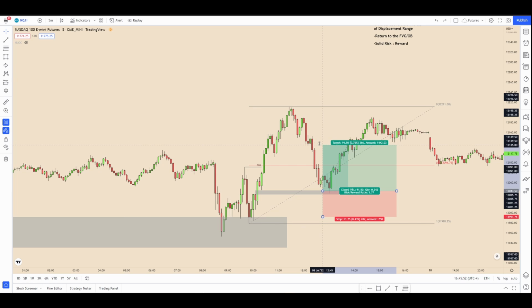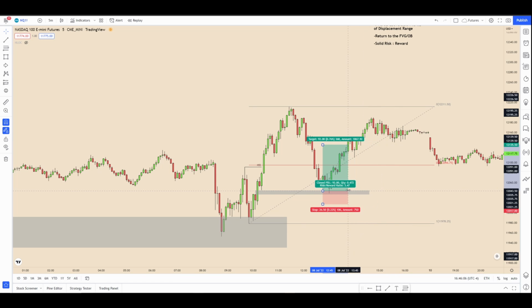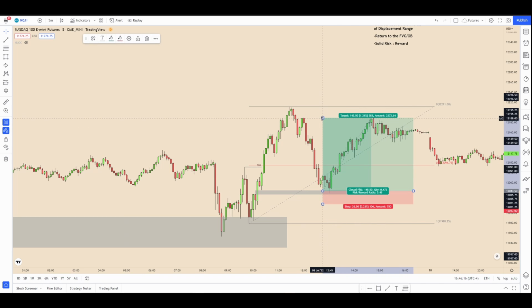I would take off around this little order block here, or these fair value gaps up here back when we get into a premium. So somewhere right in there, and then risking there. So that would be my first partial. When we hit this little order block, second partial would be this high here. And then third partial would be up there, or final position.